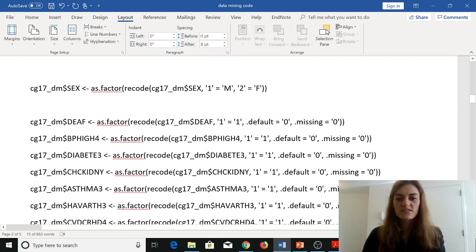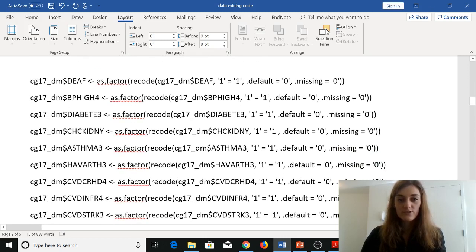This is basically the same pattern of code that we used in the previous tutorial set. So we're changing our sex column to a factor and recoding where sex equals 1 to male and 2 to female. For this variable def, we're changing it to a factor, recoding 1 to 1, and setting everything else to 0.